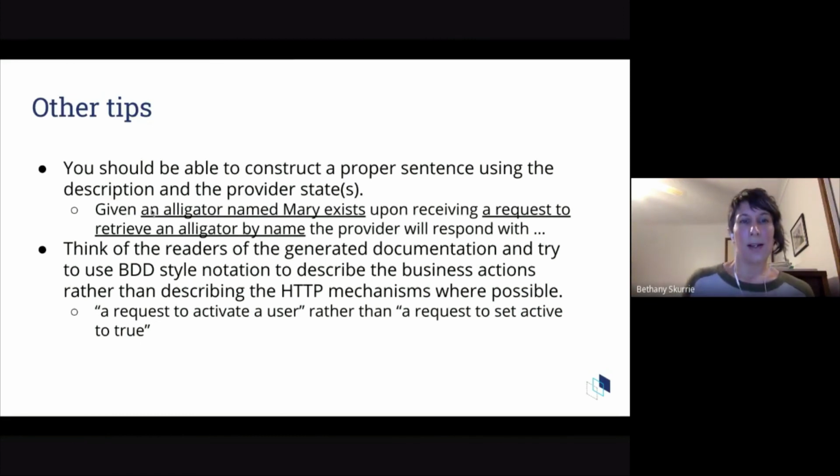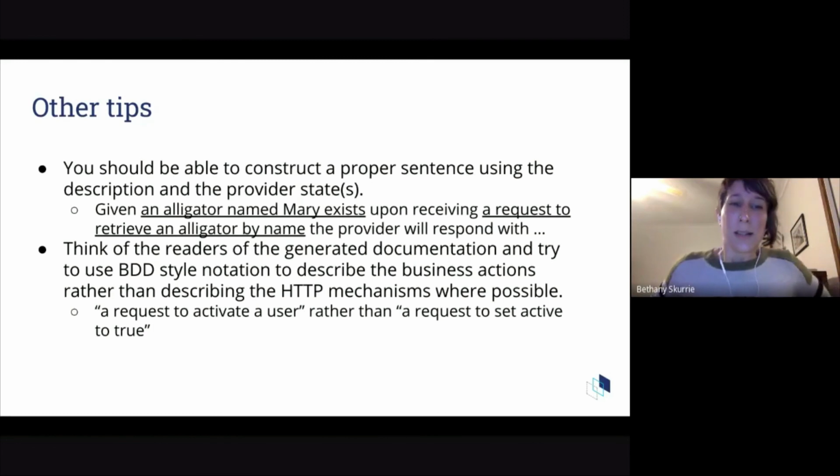So I like to phrase my descriptions and provider states so that I can read it as a sentence, like, given an alligator named Mary exists, that would be the provider state. Upon receiving a request to retrieve an alligator by name, that would be the description. The provider will respond with, and then the example document.